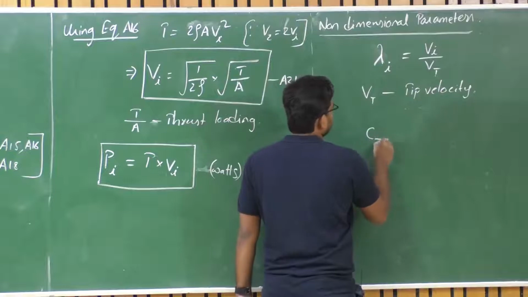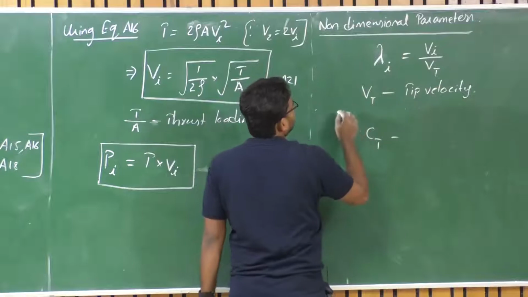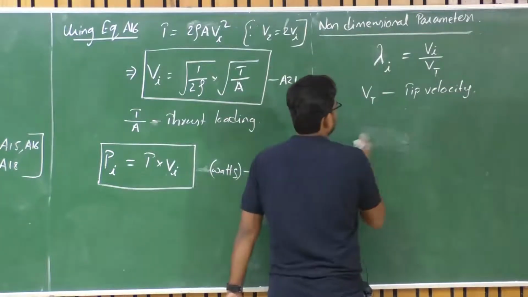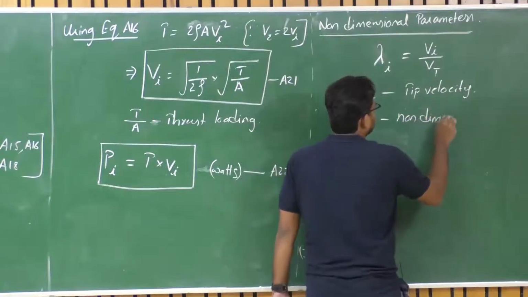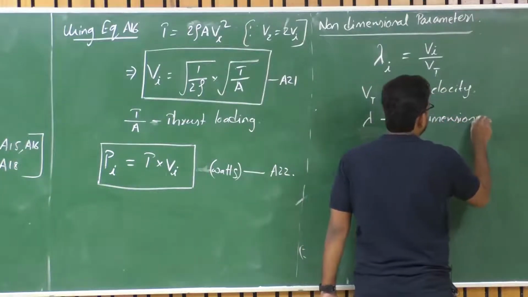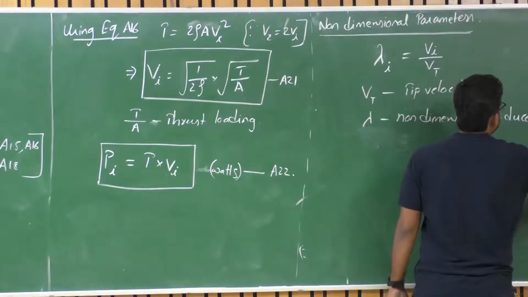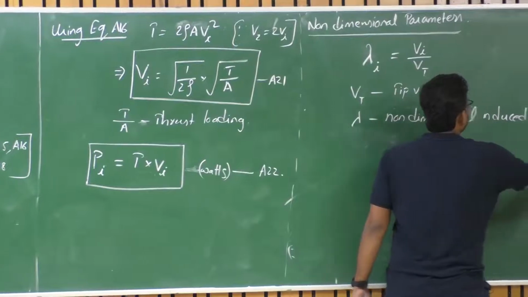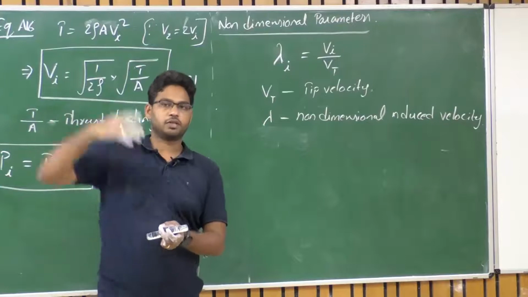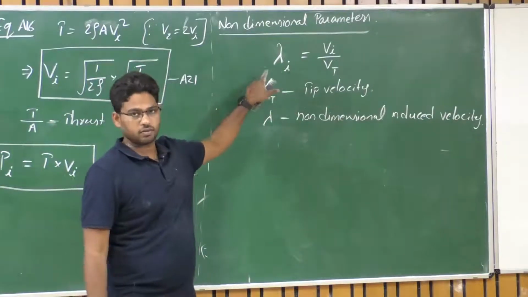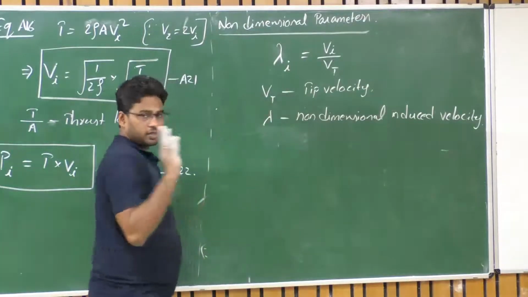And then let's define Ct. So lambda I keeps varying along the radius of the disk, right? As we progress towards the tip, this lambda I keeps varying, whereas Vt remains constant for this particular RPM.